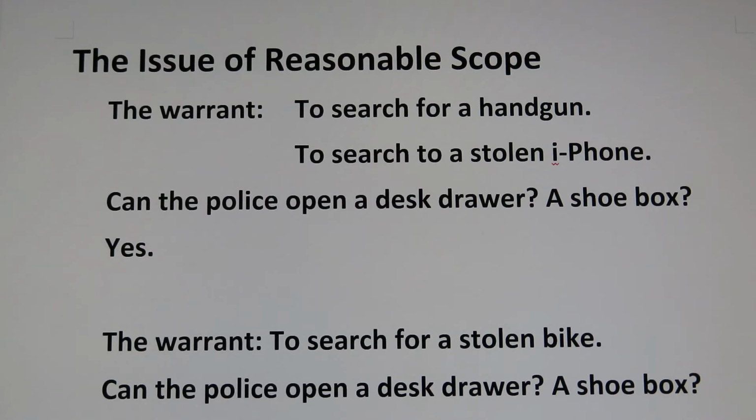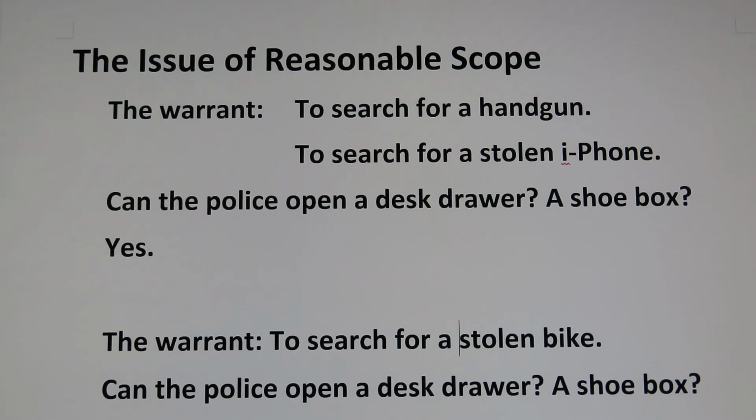Let's look at some specific examples. Suppose we have this search warrant. In the search warrant, it says police could search this particular residence for a handgun. Or maybe the search warrant would say the police could search this residence for a stolen iPhone.